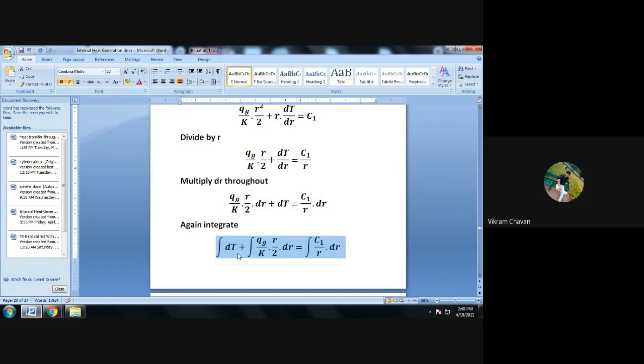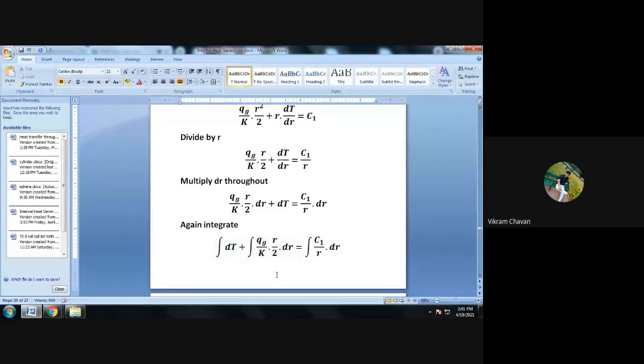So integration of dt plus integration of qg divided by k multiplied by r by 2 multiplied by dr is equal to integration of c1 divided by r multiplied by dr.